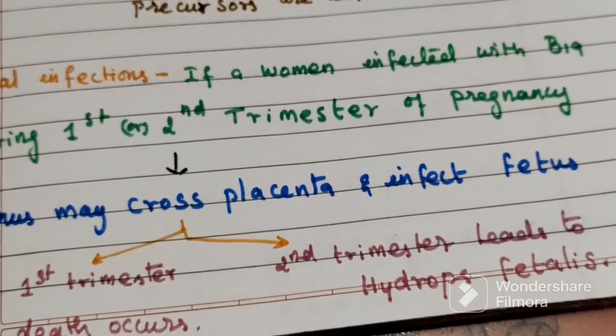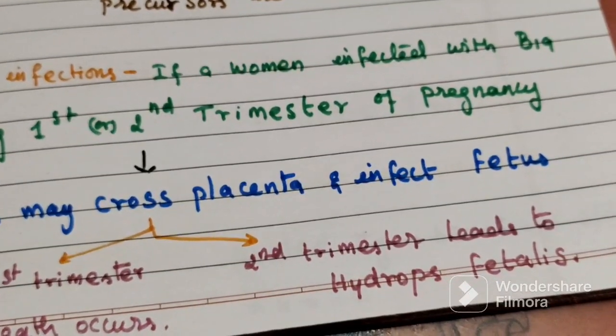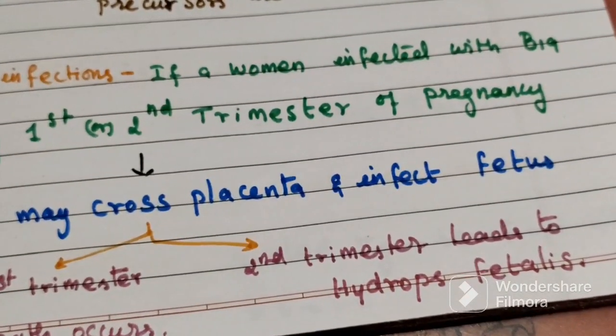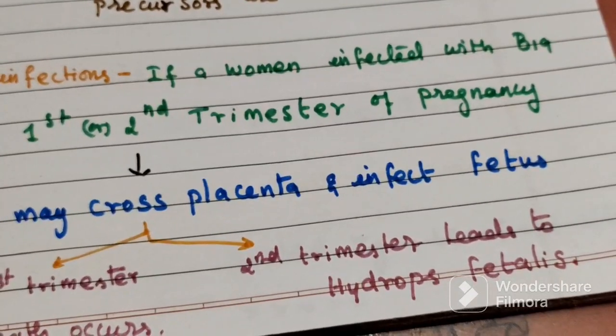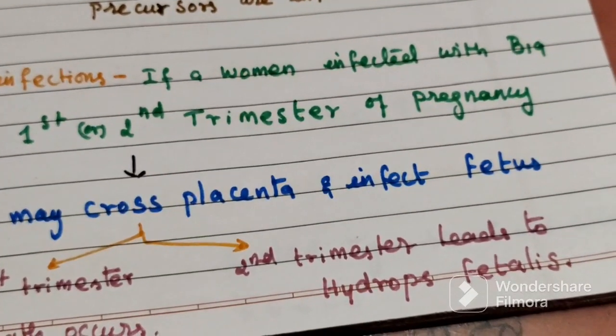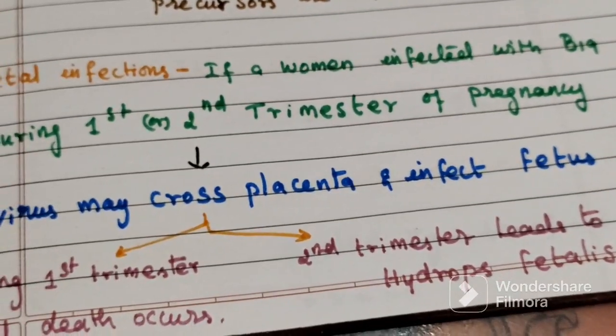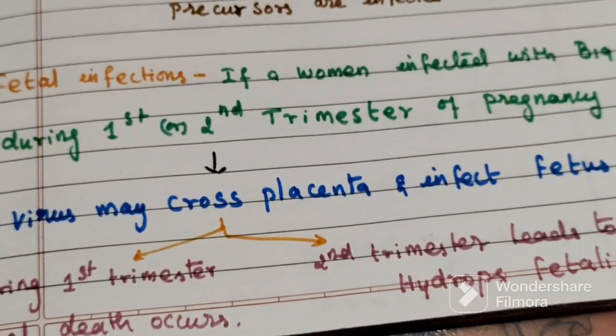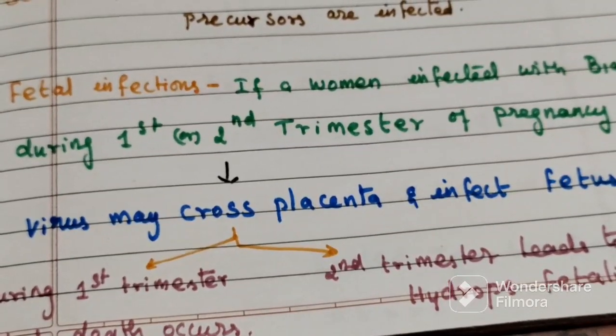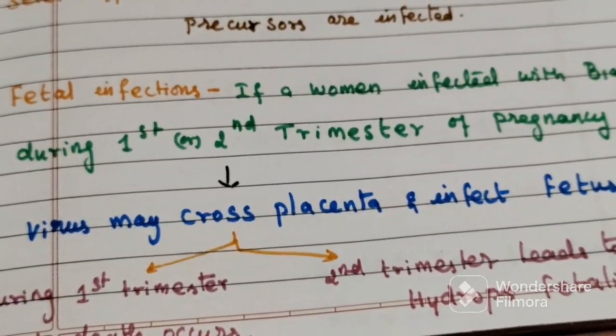Infection during the second trimester leads to hydrops fetalis. Third trimester infection does not result in important clinical findings.